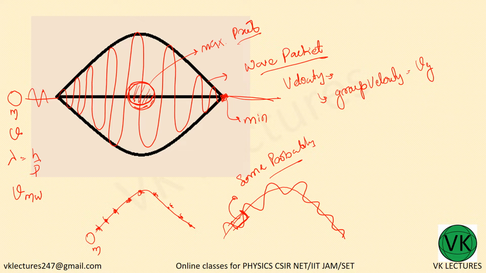It is also called the velocity of the matter, because this velocity of the matter is nothing but group velocity. At whatever velocity this wave packet moves, at that velocity only the particle will also move. So that is nothing but v, the velocity of the particle.